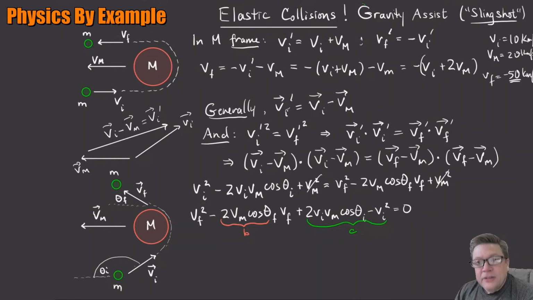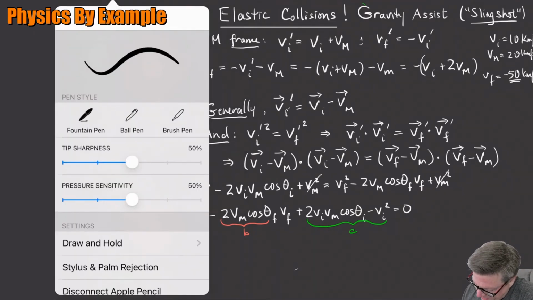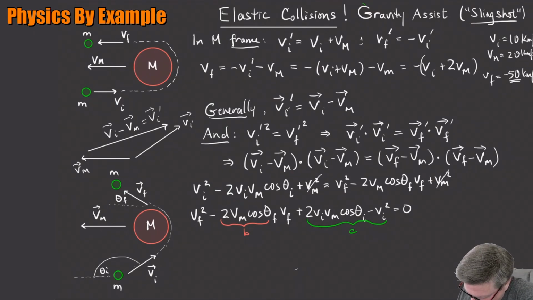There we go. The nice thing about quadratic equations is we can just write down the solution. So let's write down the solution. Vf equals, all right, what is it?